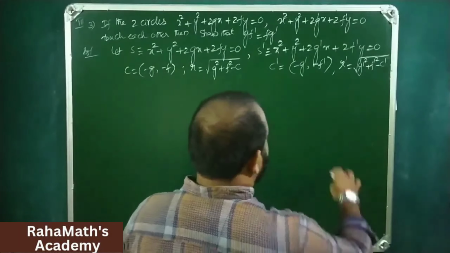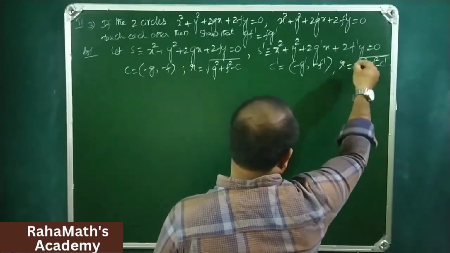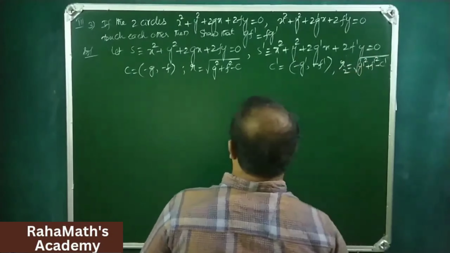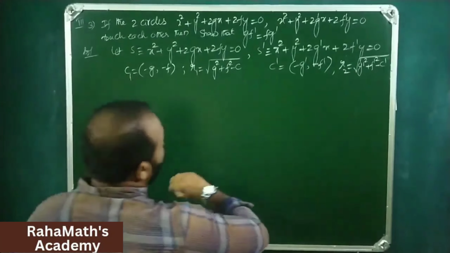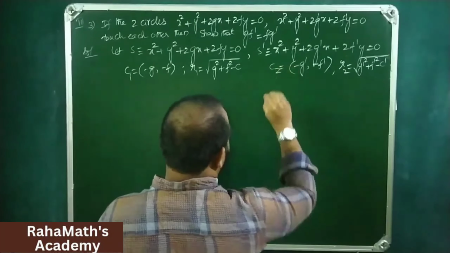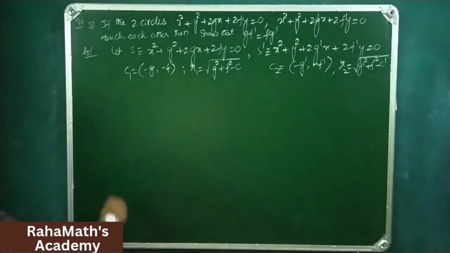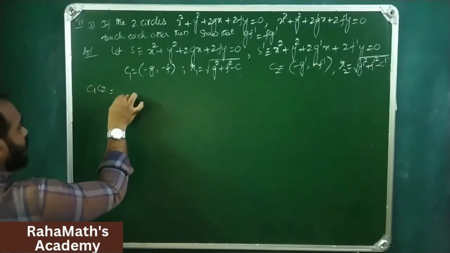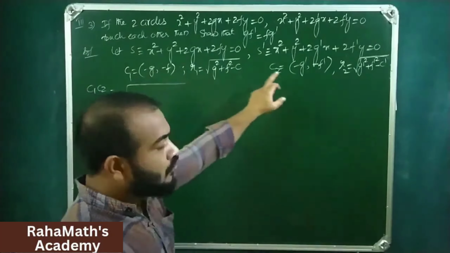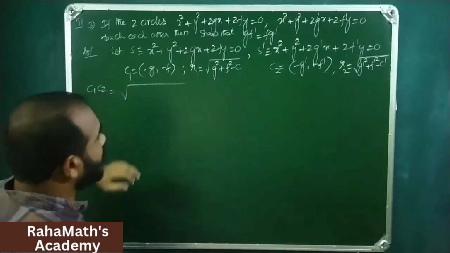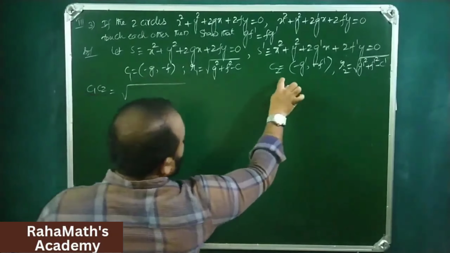Otherwise, to avoid confusion, R1 and R2 is what we are taking, and C1 and C2 is what I will take instead of C dash. Now, C1 C2 is the distance between the two centers of the circles. So x1 y1, x2 y2.